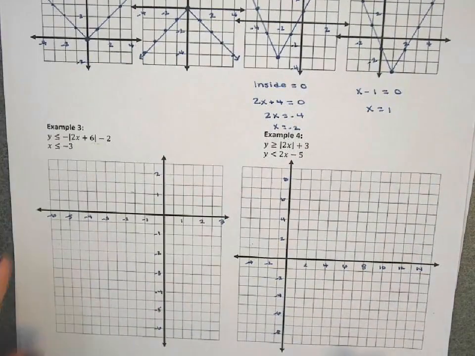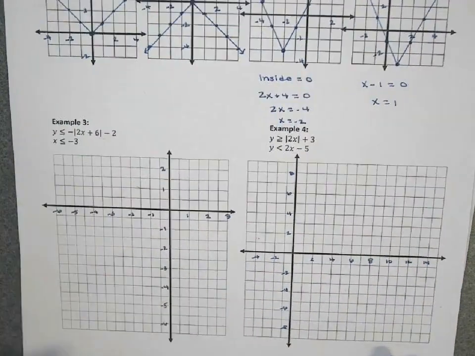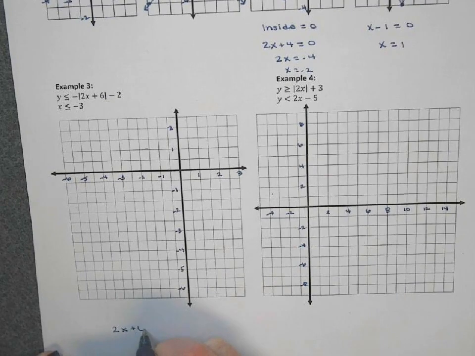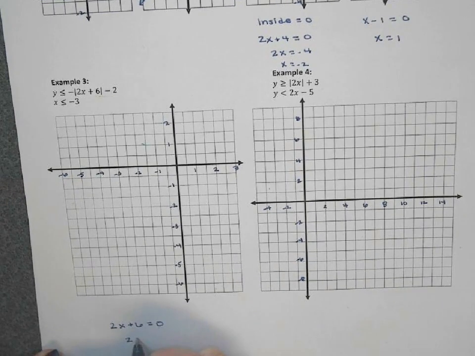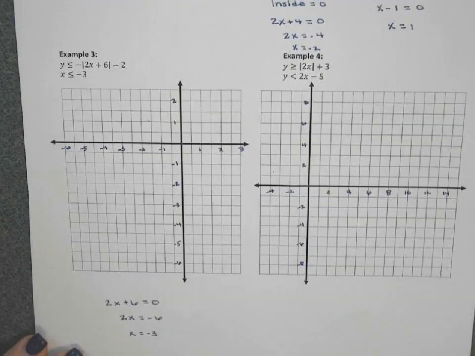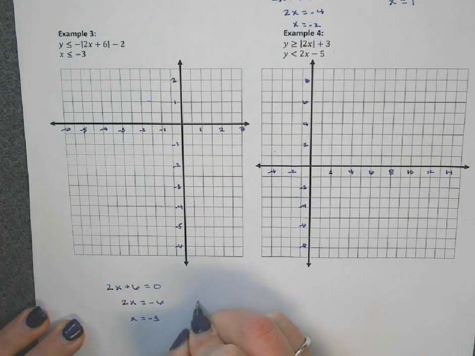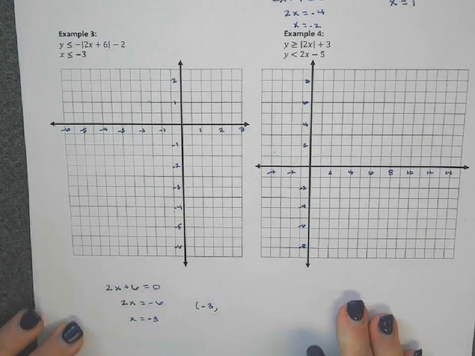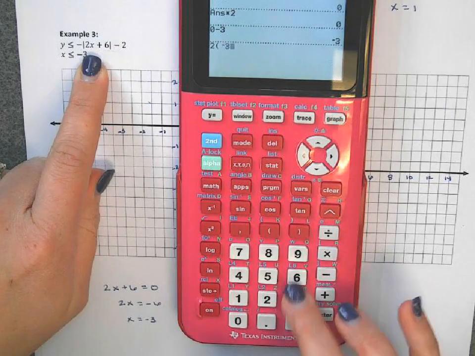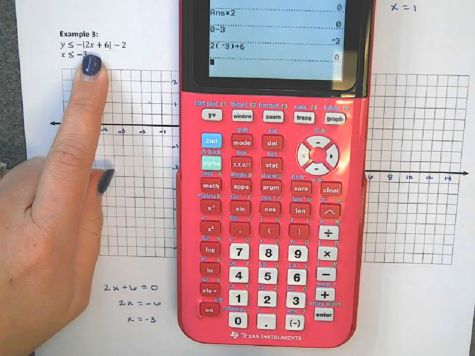Okay, so then when we go to do this one, again, you're going to take that inside, set it equal to 0, solve for x, and that'll tell you where your vertex is. So negative 3, comma, plug it back in. 2 times negative 3 plus 6, the inside is going to be 0.